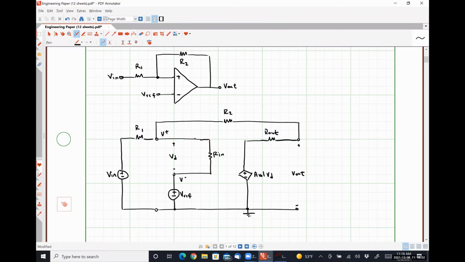All right. So the assumptions that we are going to make, and these just make the analysis much easier, is that our input resistance Rn is much, much greater than R1 and R2.